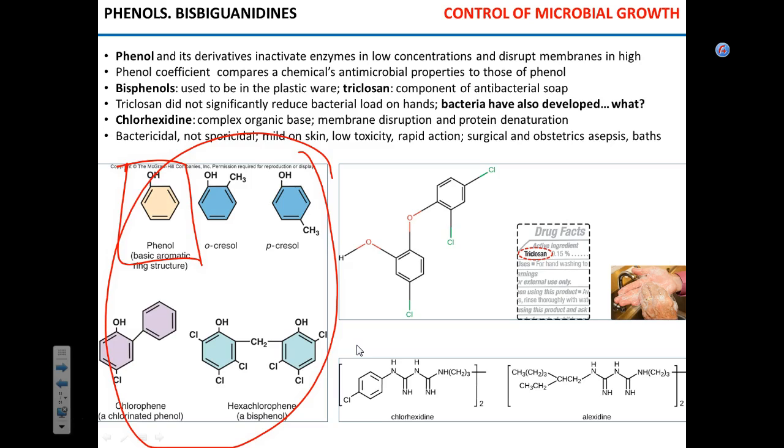It's pretty toxic. First person to use it was Joseph Lister that we mentioned. He made a water solution of phenol called carbolic acid and used it to spray on the wounds of the surgical patients. It was, from a modern standpoint, pretty cruel treatment, but at least it prevented wound infections.